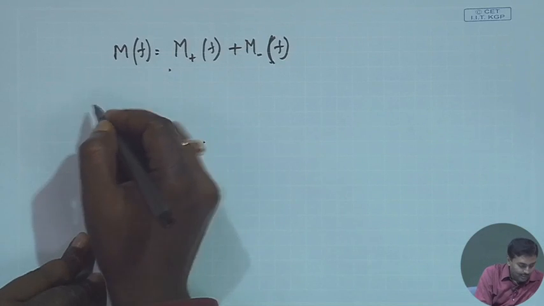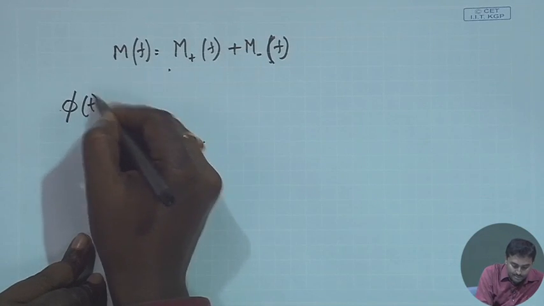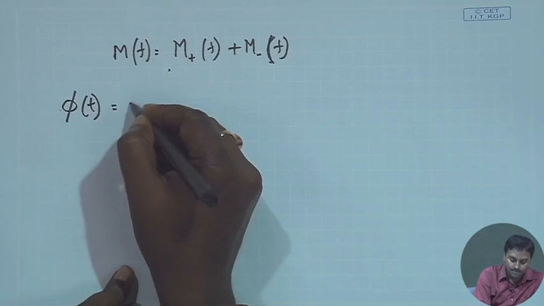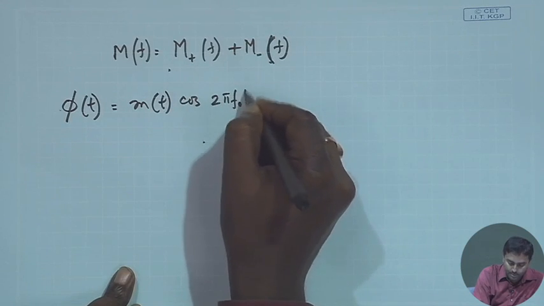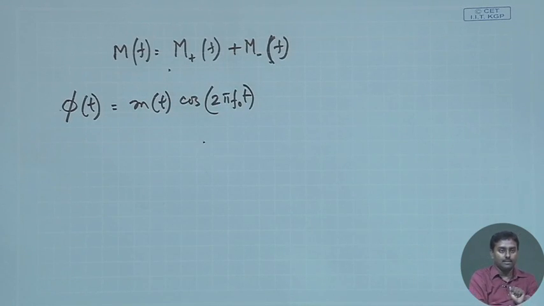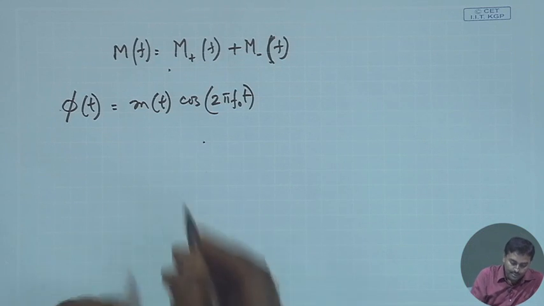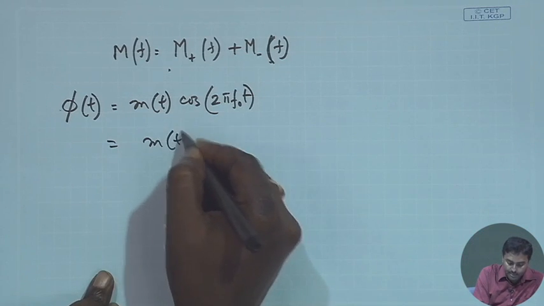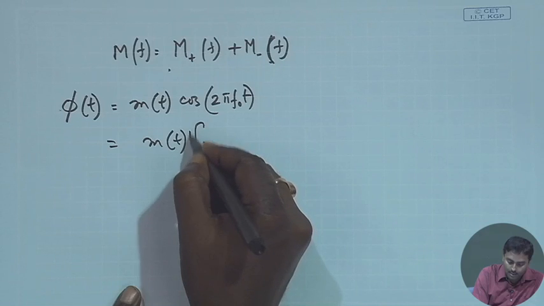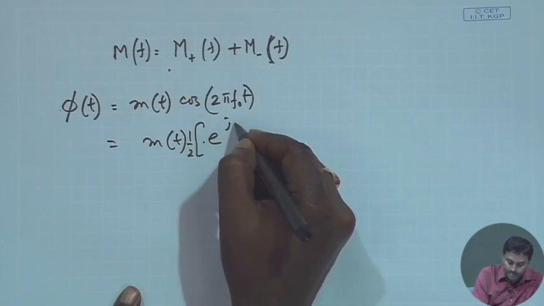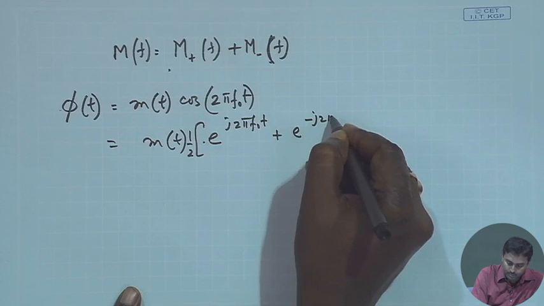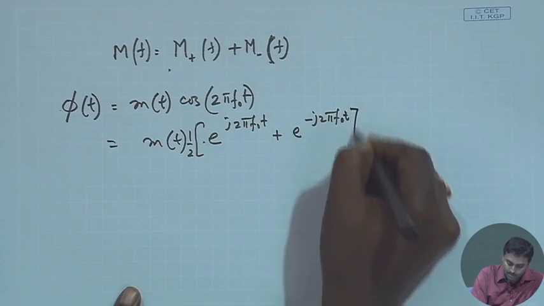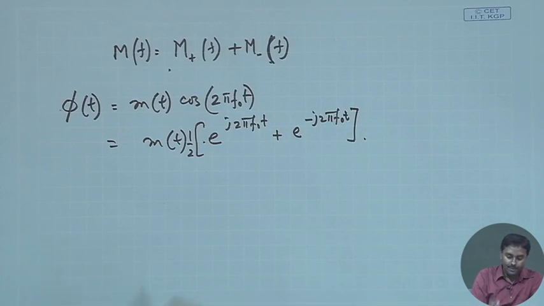So, what is happening? If I represent this phi(t) as m(t) into cos 2 pi f0 t, just after the first multiplication in the upper arm, right, I can write this as m(t) into half, e to the power j 2 pi f0 t plus e to the power minus j 2 pi f0 t, right. I can write it this way.